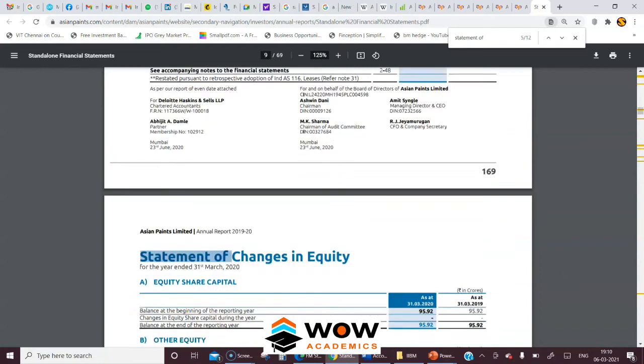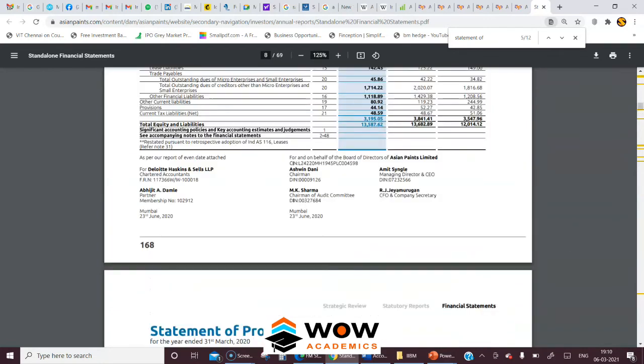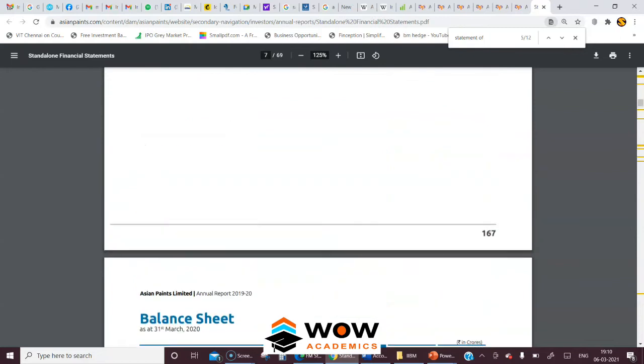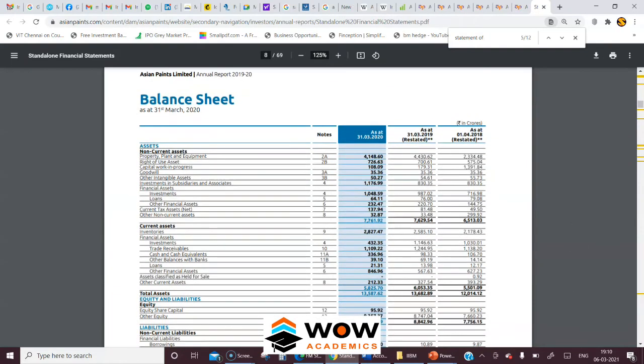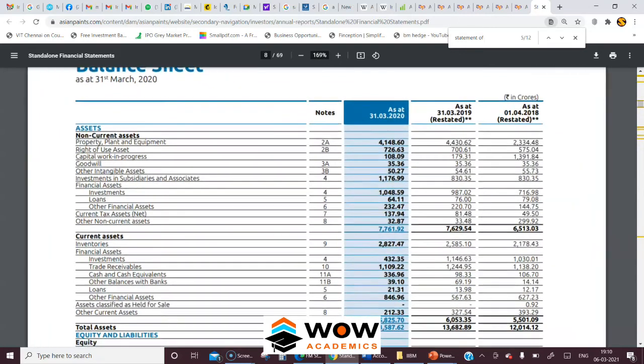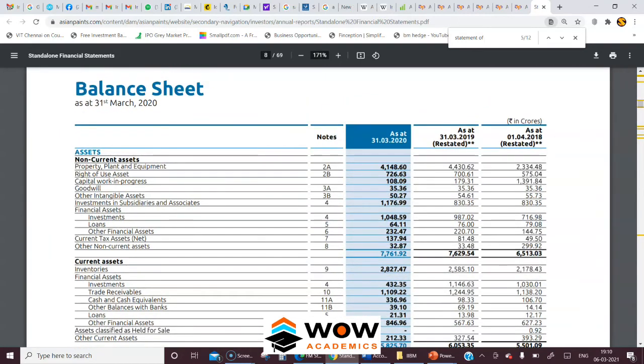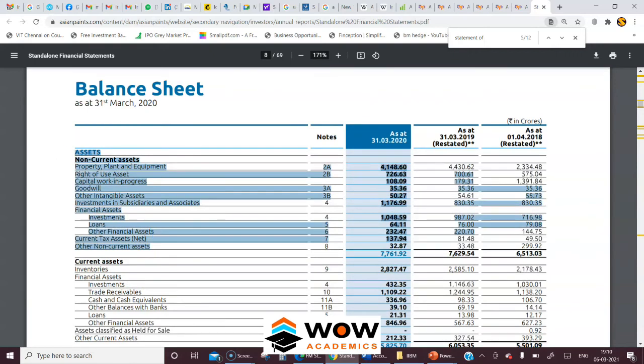Okay, the statement of changes in equity is here, and the balance sheet is available. See, they have given a very detailed kind of balance sheet. What we were doing were illustration problems, but look here, the structure looks very similar to what we solved.